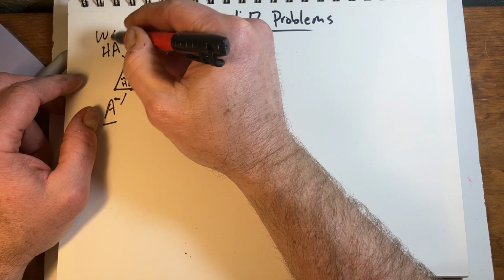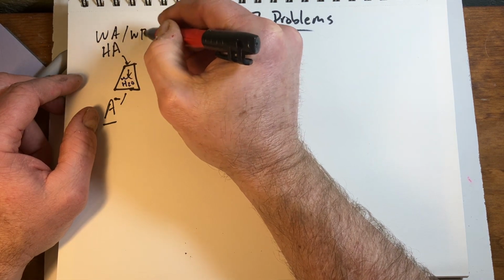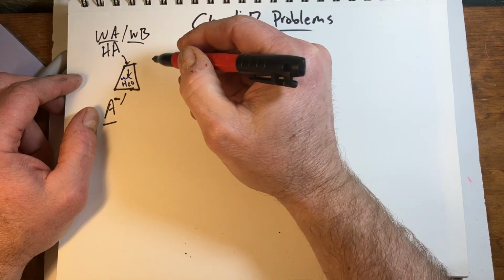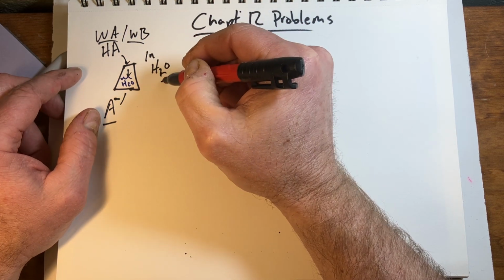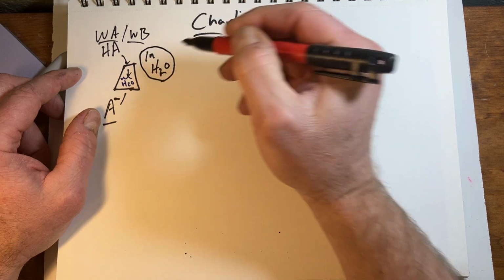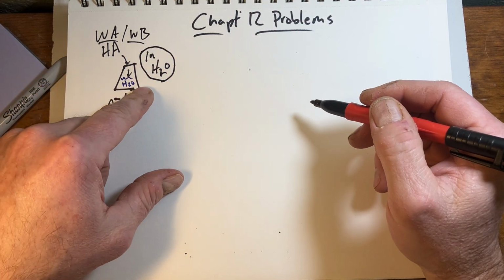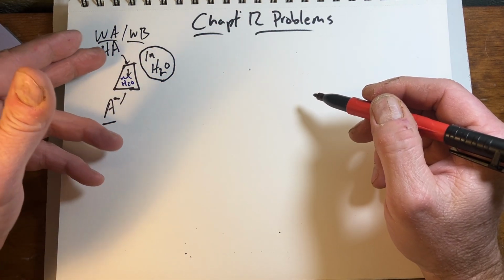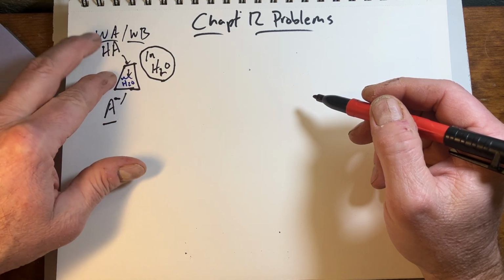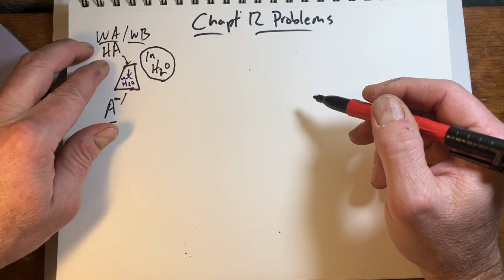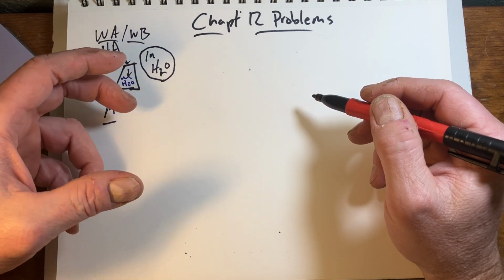So it's our weak acid, weak base problems that are just in water, not necessarily reacting with some other agent. It's just the reaction of the weak acid with water, or we can have the base being put into the water and we're going to have some amount of the weak acid formed, because there's going to be an equilibrium.